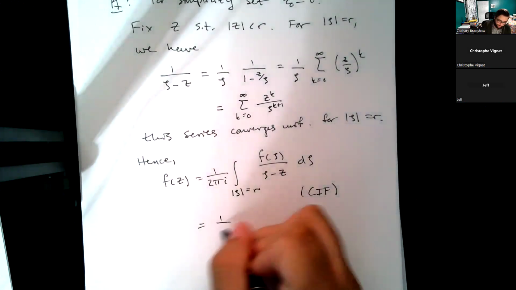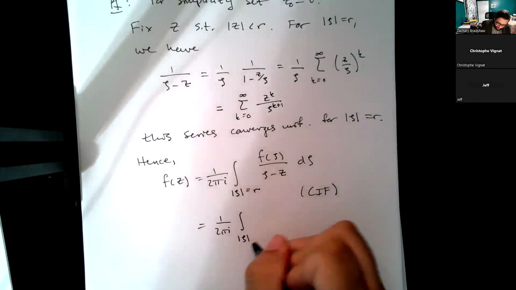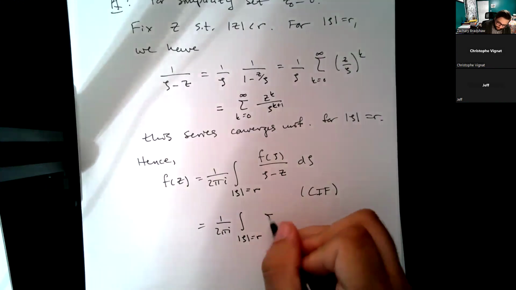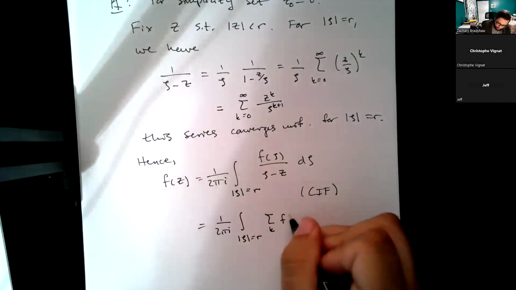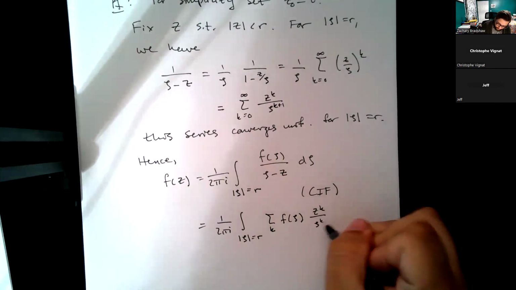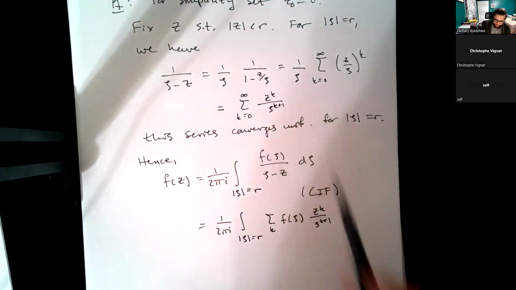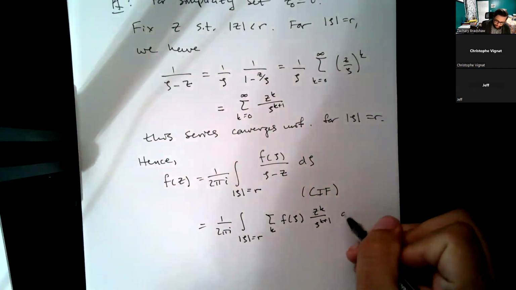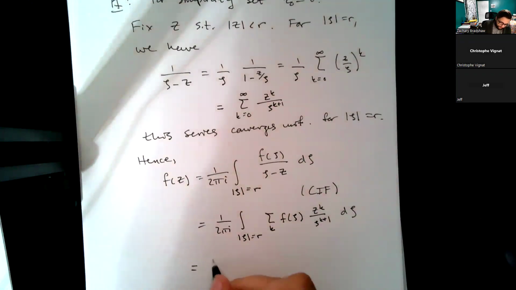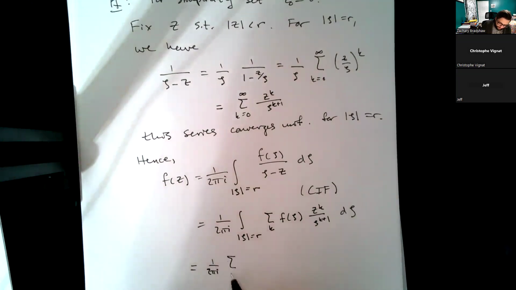And this is equal to 1 over 2 pi i, the integral over the circle of radius r, and I'm going to insert this sum, the sum I just derived up here. I need my d zeta. And now I can pull this sum outside because it converges uniformly.